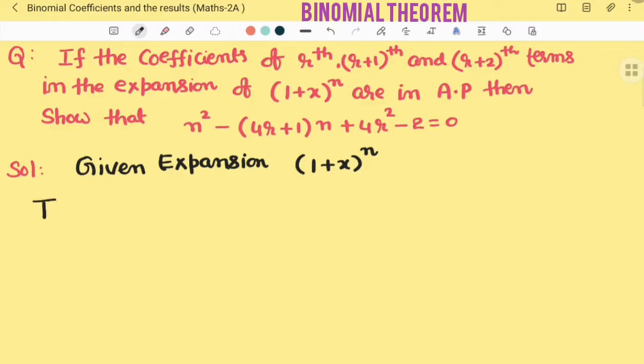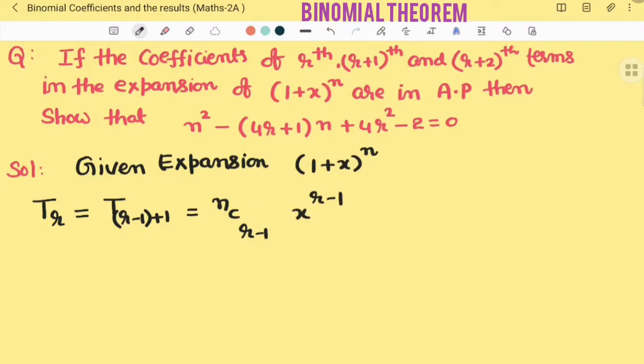What is the rth term? The rth term means tr, that can be written as t(r minus 1 plus 1) equal to nC(r minus 1). We know how to write t(r plus 1), so in place of r, r minus 1 is there. So nC(r minus 1), 1 power anything is 1 only, so x power r minus 1.